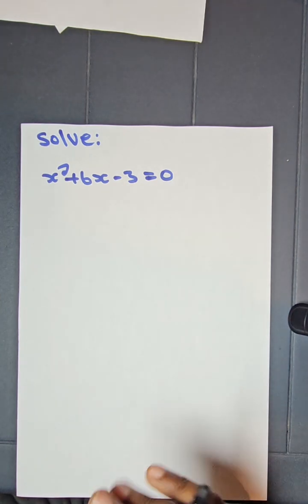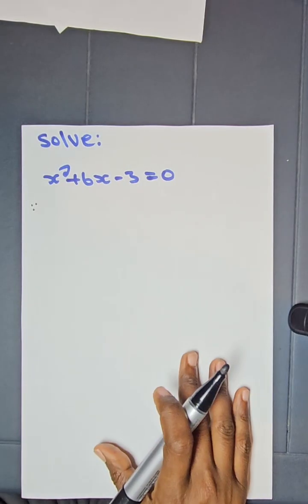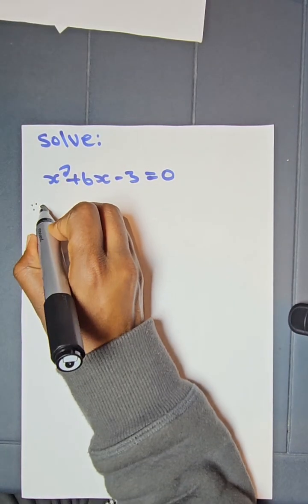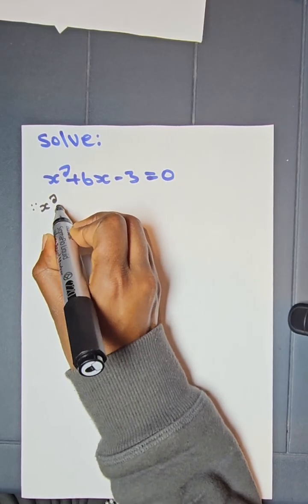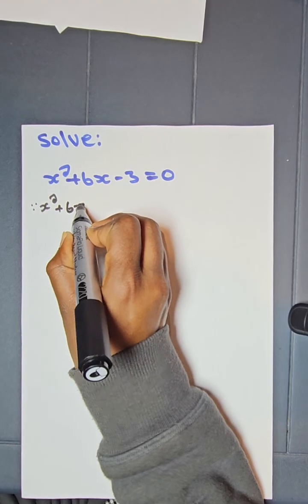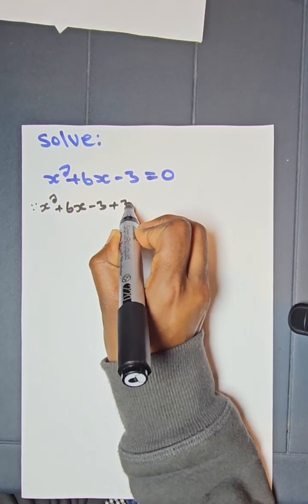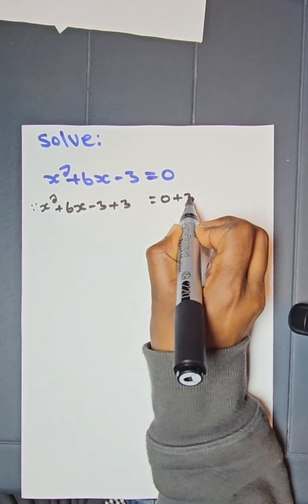This method tells us first we need to isolate all the terms containing x. Therefore, we're going to say x squared plus 6x minus 3 plus 3 equal to 0 plus 3.